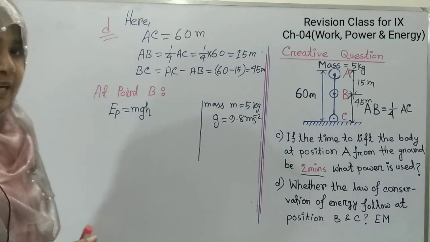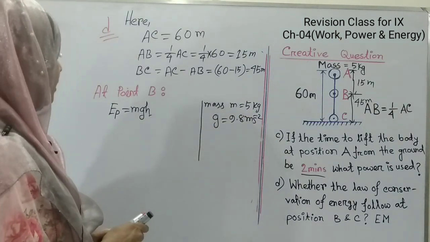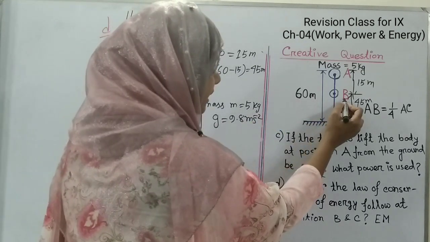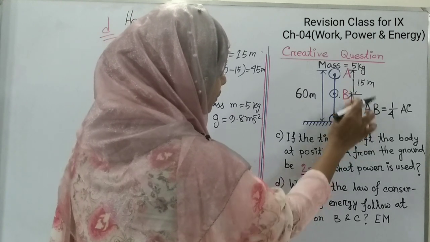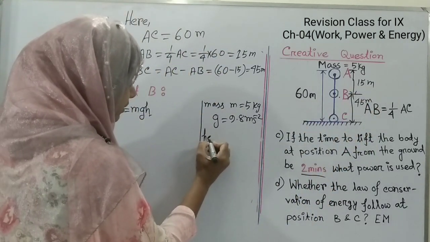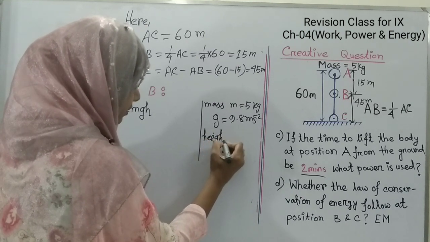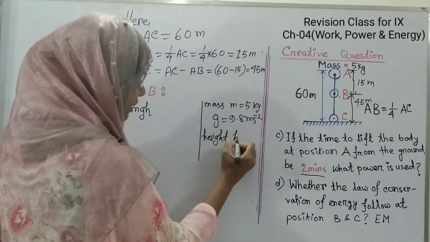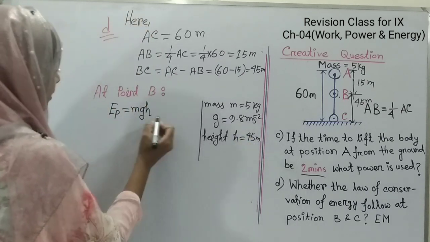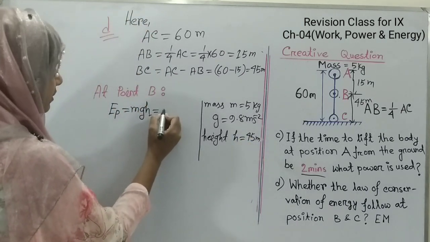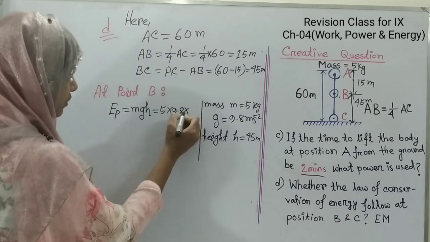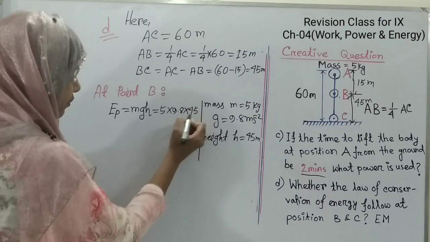Now as we are calculating the potential energy, the height for potential energy at point B is from the ground, that is 45 meter. So height h equals 45 meter, that is 5 into 9.8 into 45.